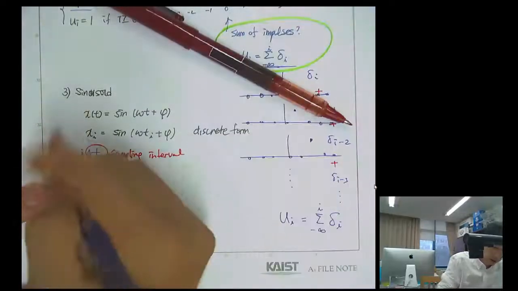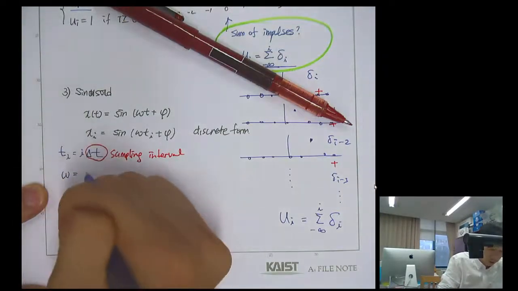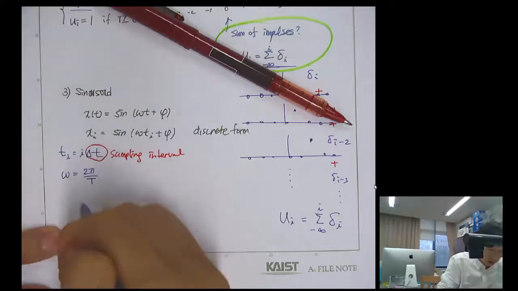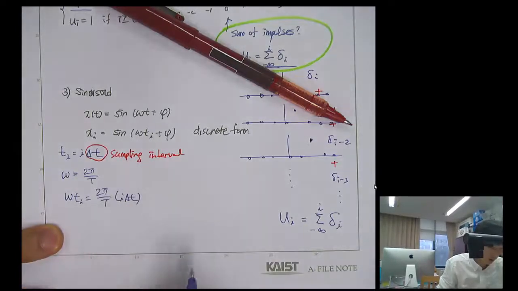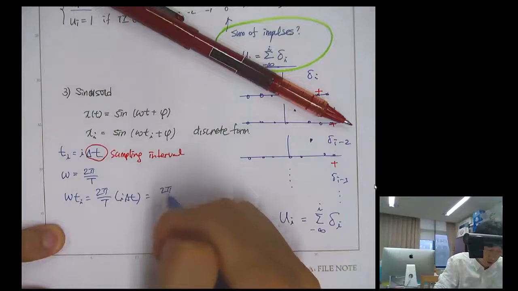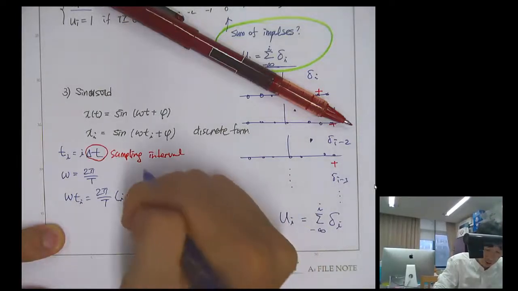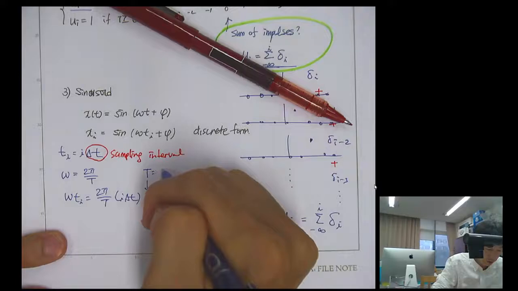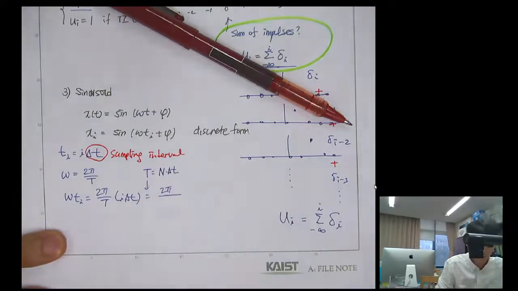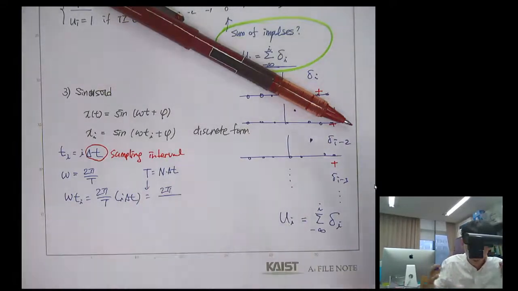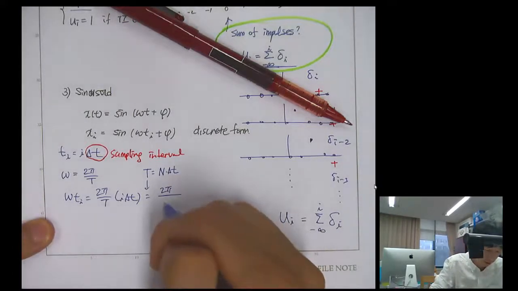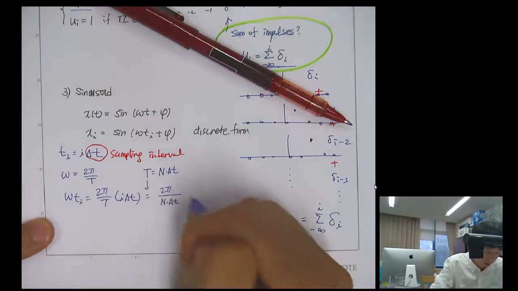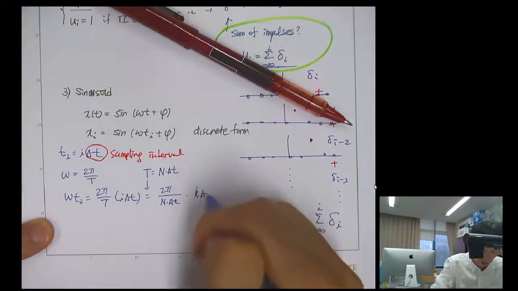Then omega is 2 pi over T. Then omega t_i will be 2 pi over T times i delta t, right? So 2 pi, and here the period is N times delta t. So N is the number of points, the number of samples. Then N delta t times i delta t.